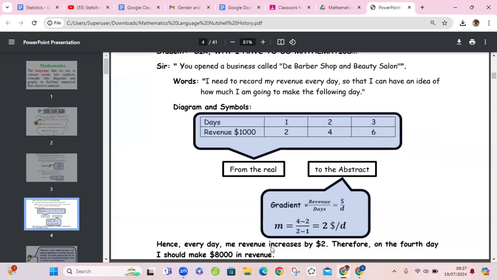And therefore you can see on the 4th day, I should make $8,000, because you are seeing that your revenue is increasing. So you can actually predict your revenue on the 4th day. So this is an example of how words are being converted to symbols, and this process is part of the process of mathematics.